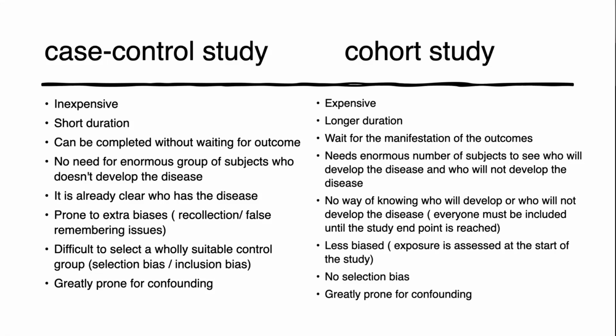So you do a retrospective analysis of the risk factors and causes. So therefore, the case control studies are more prone to bias, whereas cohort studies are less biased. There is no selection bias in cohort studies, but there is a selection bias, an inclusion bias, in case control studies, because you predefine what are the cases and what are the controls. Whereas in cohort studies, you don't have any selection bias.